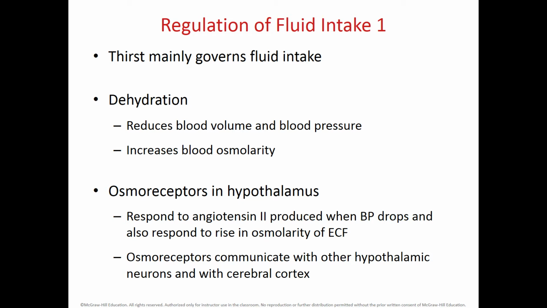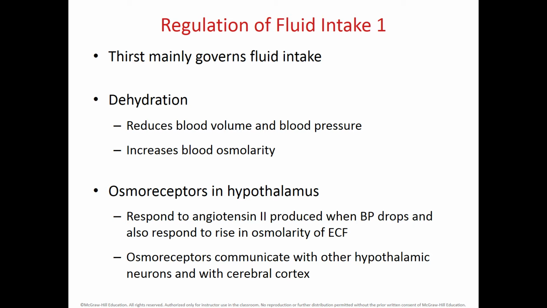And within the hypothalamus, this center in the brain, we have osmoreceptors that can detect how many solutes you have in the blood or in the plasma. Whenever you have changes in this osmolarity, you will activate this thirst mechanism, or you do not activate this mechanism.